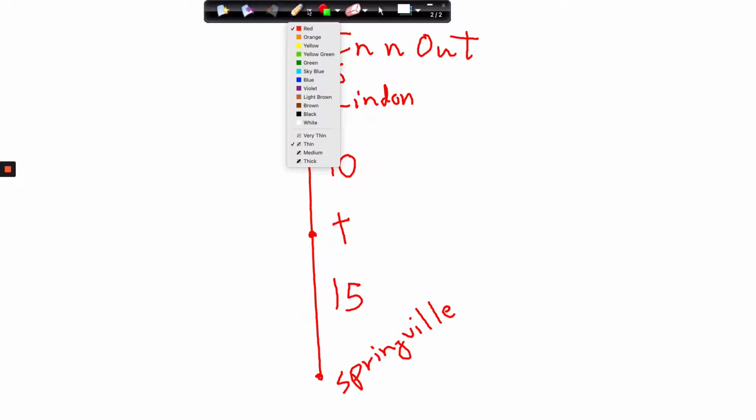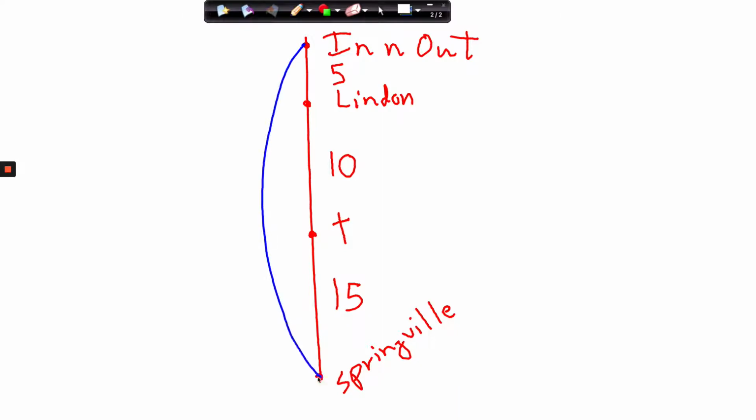So guys, here's then how this goes. My daughter gets up in the morning and her friend doesn't have her driver's license. So she goes from Linden all the way down to Springville to get her friend.